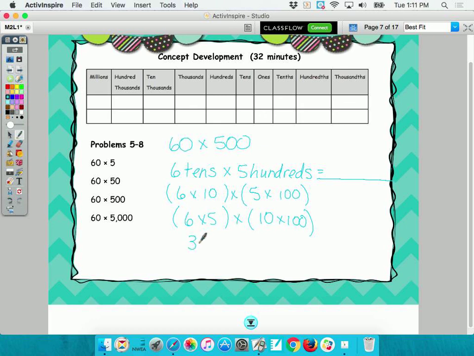So 6 times 5 is what? 30. And 10 times 100 is 1,000. 30 times 1,000 is 30,000. So that would be 3 10,000s.